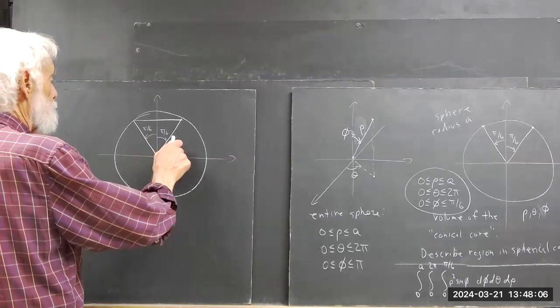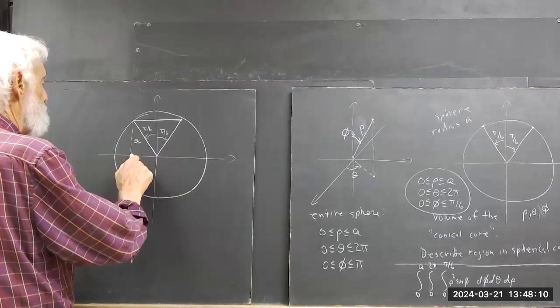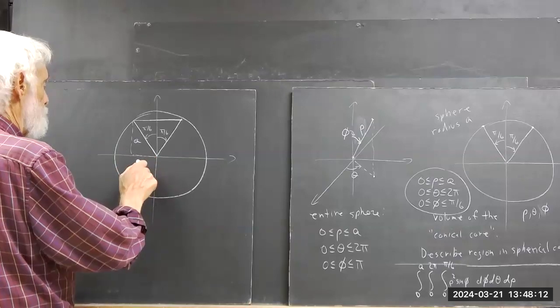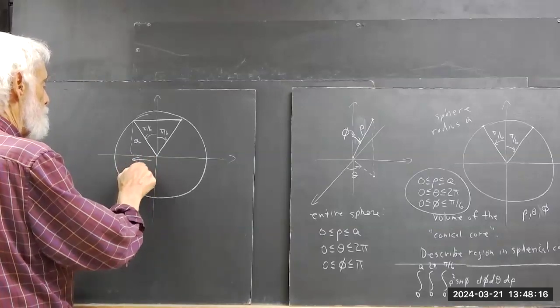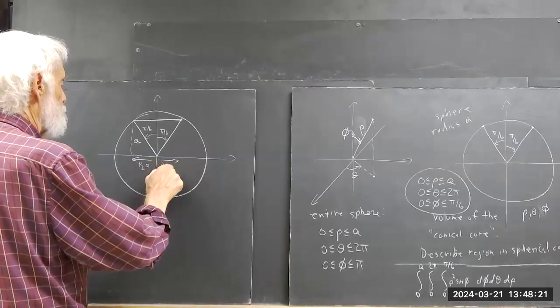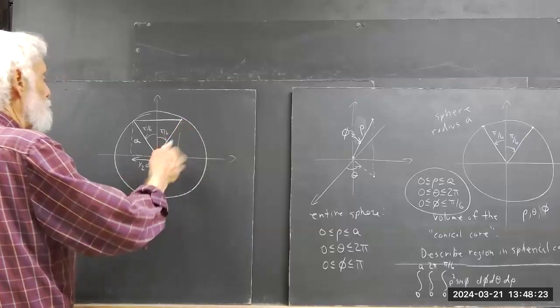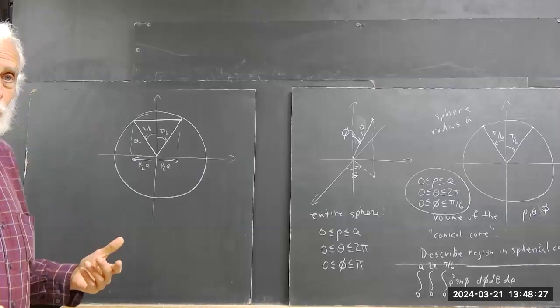If your radius is A here, then this distance here is half of A, and this distance is half of A. And that's immediate because the cosine of pi over 6 is 1/2, right?